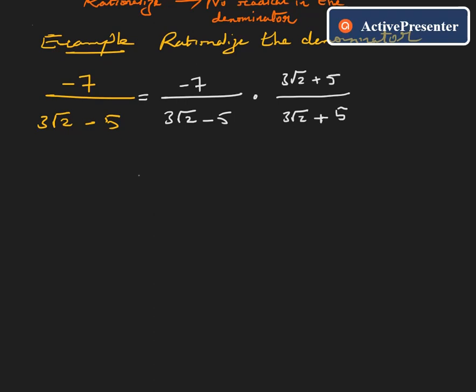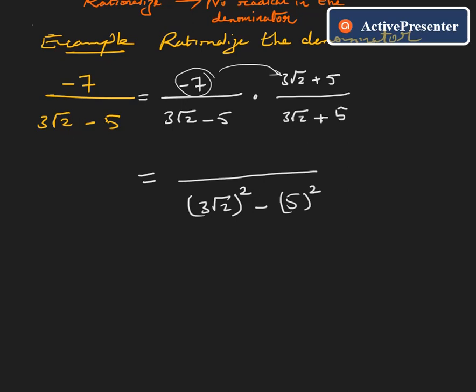Down here we will have in the denominator 3 square root of 2 all squared minus 5 squared. In the above you will multiply using the distributive property, so it should be minus 21 square root of 2 minus 35.